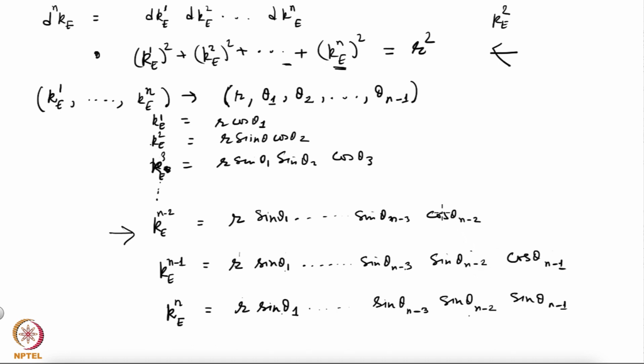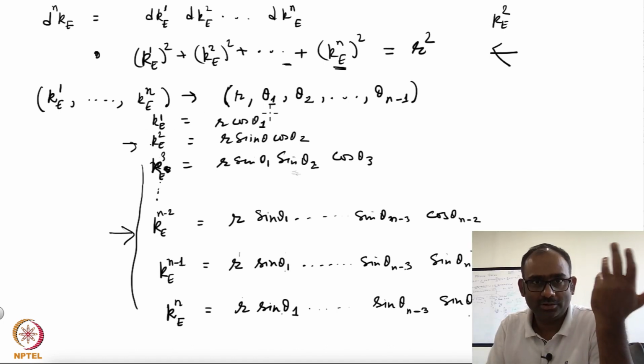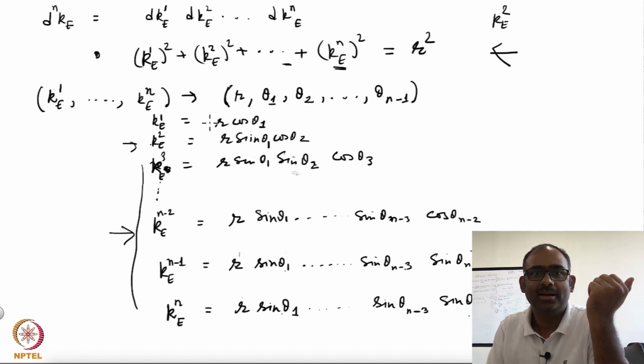So, if you continue this way, when you have added the sum of all these squares up to ξ_2 squared, you will have r squared sin squared θ1, since the cos squared θ2 would have already been taken care of by sin squared θ2. And ξ_1 squared is r squared cos squared θ1, summing the two will give you r squared, and thus we get this one.